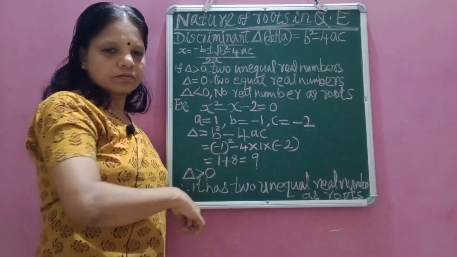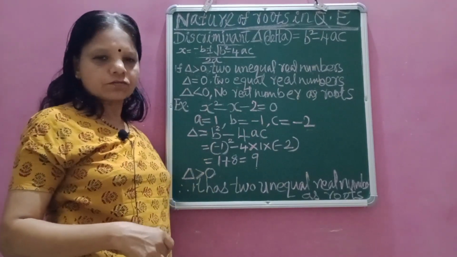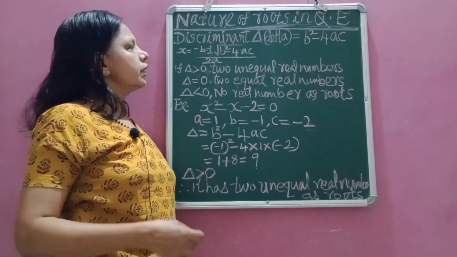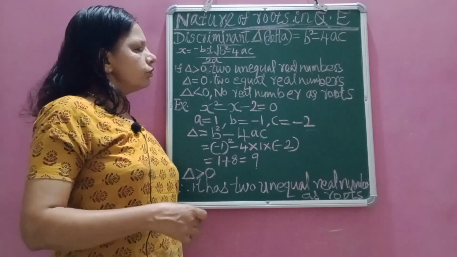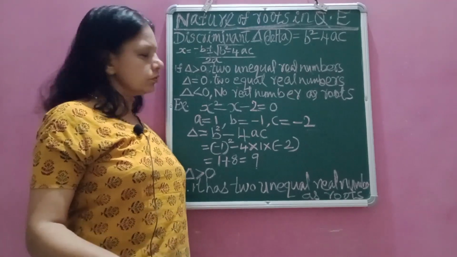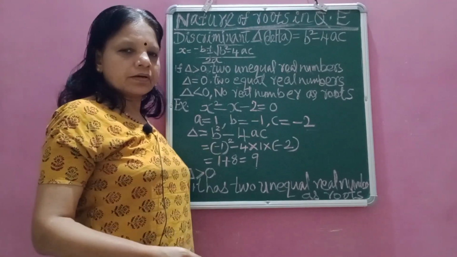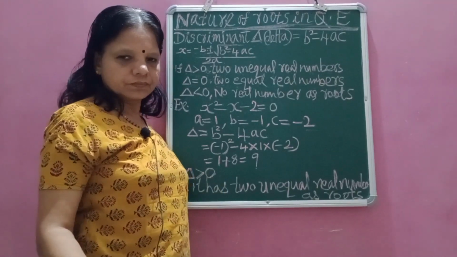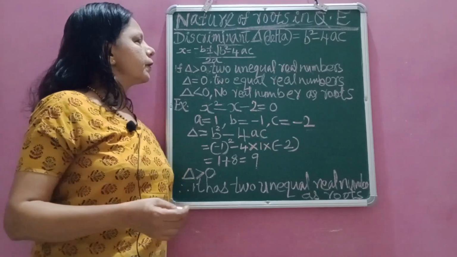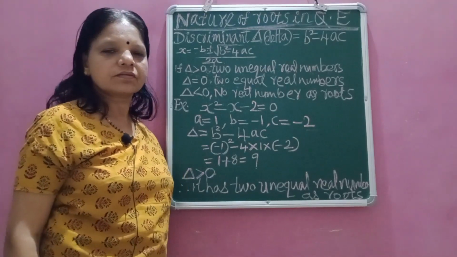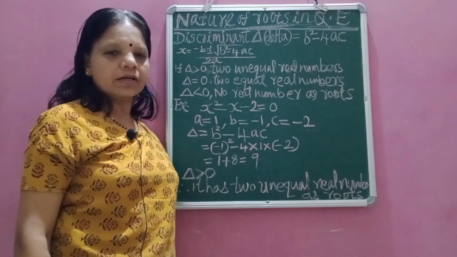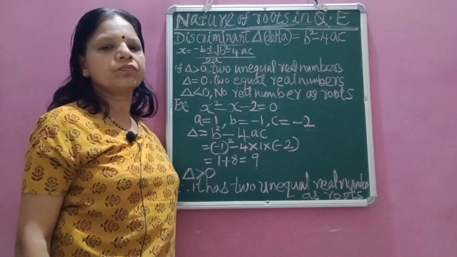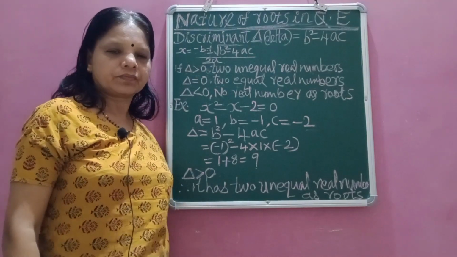So using this, by finding the value of b square minus 4ac, we can determine whether the equation has two unequal real numbers as roots, two equal real number as roots, or no real number as roots. Clear? So the value of b square minus 4ac is highly important in determining the nature of the roots of quadratic equation.